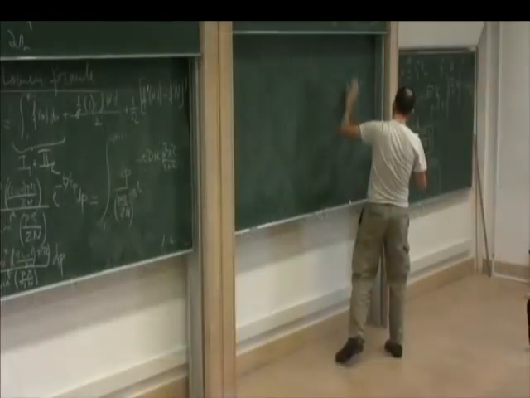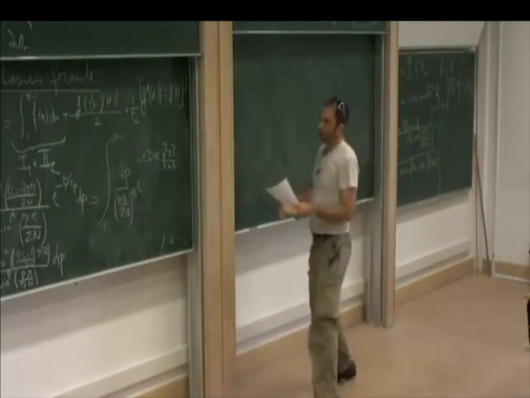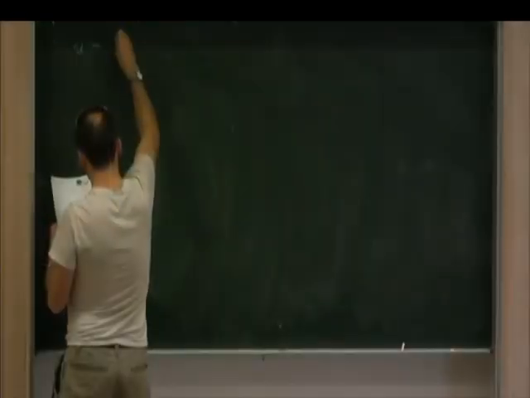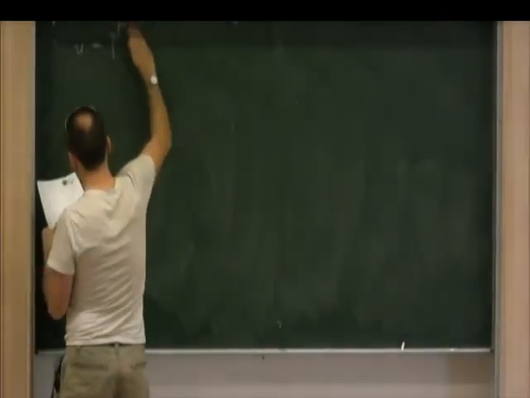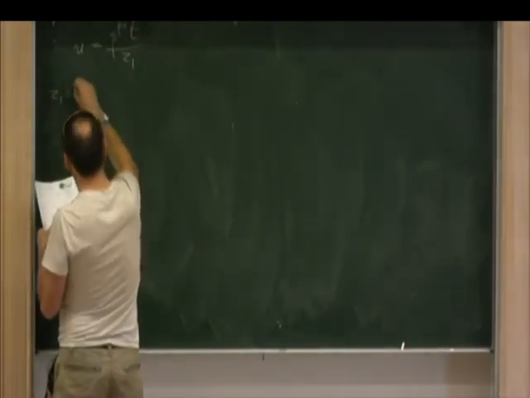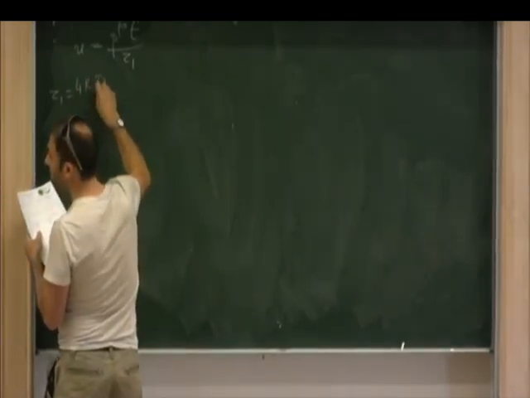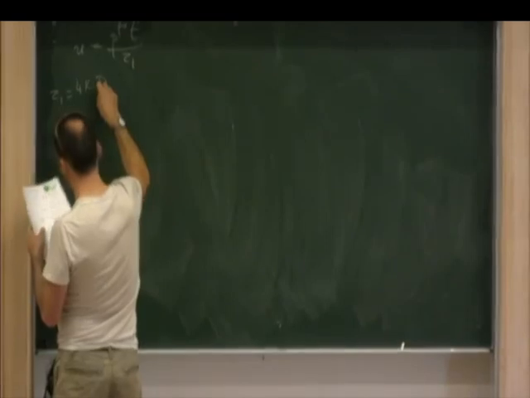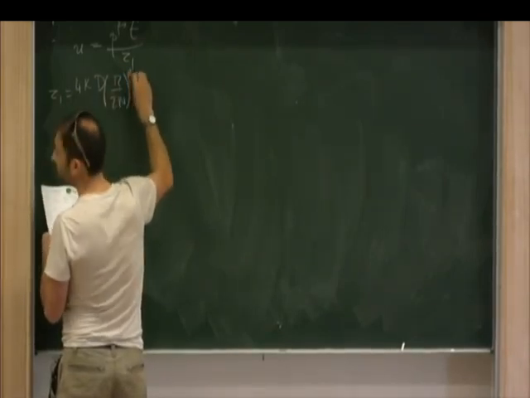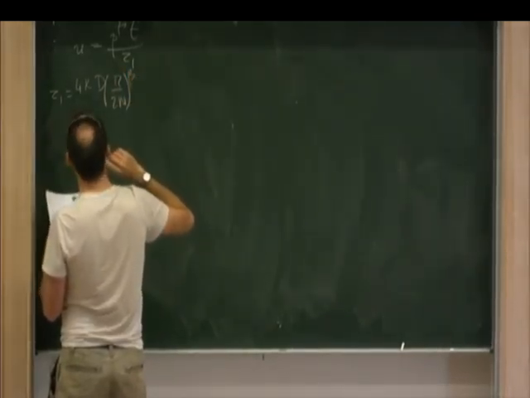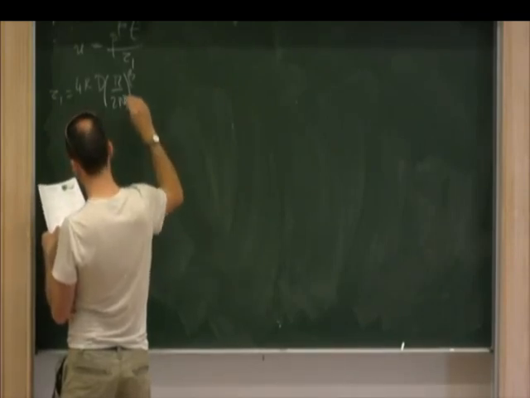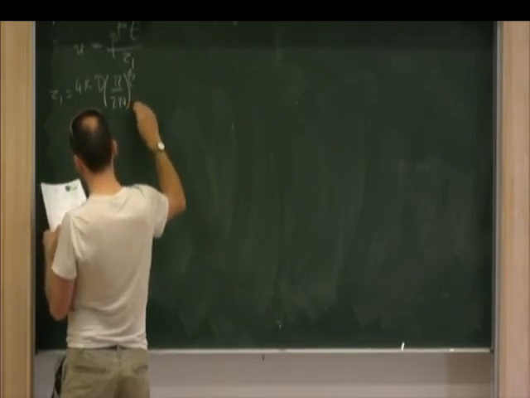So in the exponential term, we get, so let's write u equals p to power beta, t divided by tau 1, and tau 1 is 4 kappa d, 4 kappa, pi divided by 2n to the power beta. Should not be beta here, should be 2.